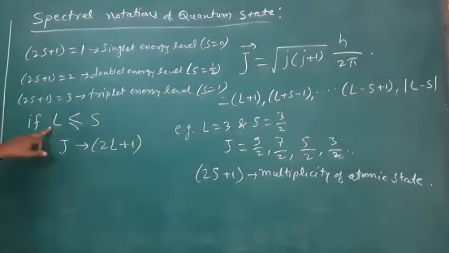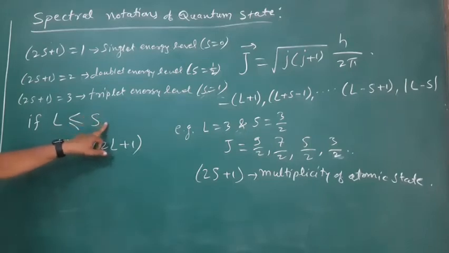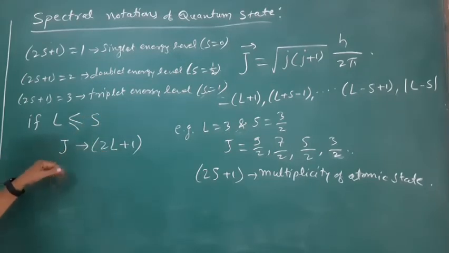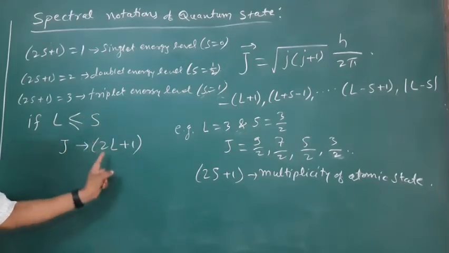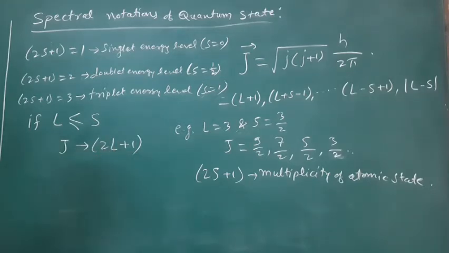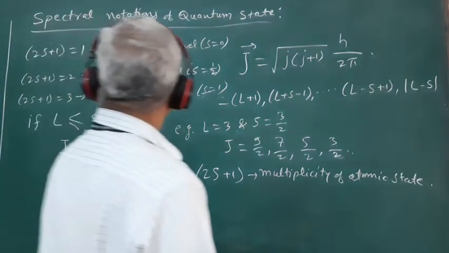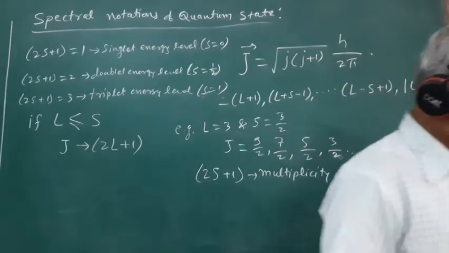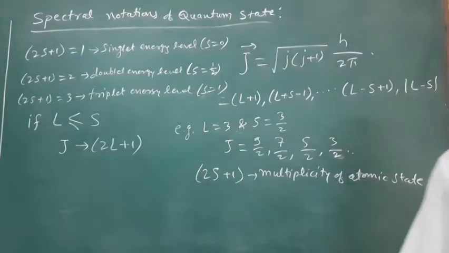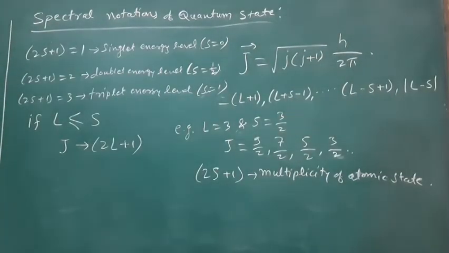So if the value of L is less than or equal to S, then the number of values of J are given by twice L plus 1. That is how we can find out the different energy states or energy levels for the given atom.